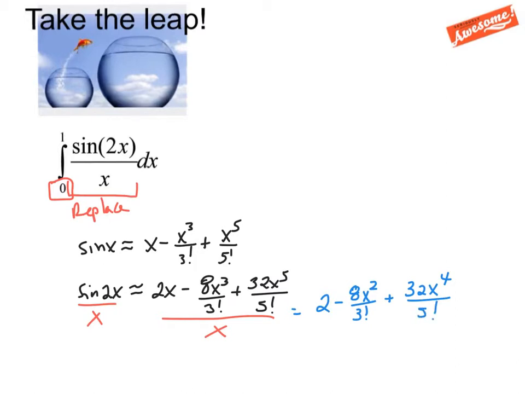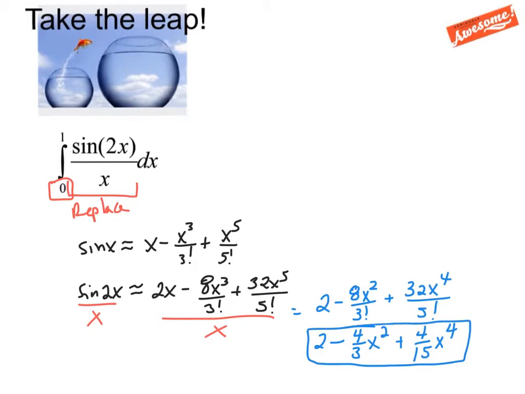And maybe now we want to do some reducing. So we have 2 minus 8 over 6, which is 4/3 x squared. And 32 over 120 reduces to 4/15, like that. So here is our just quick, easy approximation of that original function.